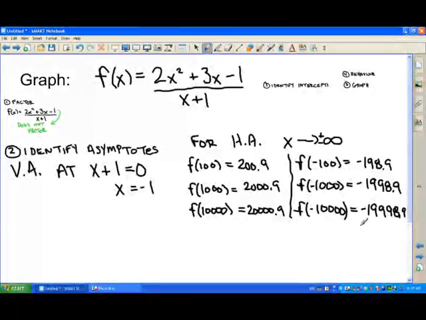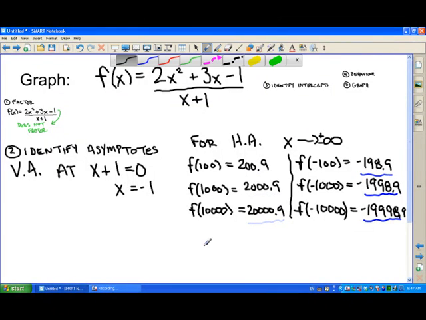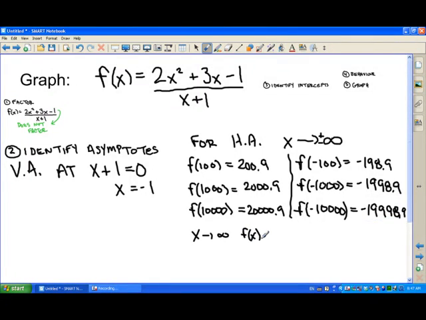So once I've plugged in these very, very positive numbers and these very, very negative numbers, I notice something. I notice that my values keep getting more positive and more negative. So I can summarize this as x approaches positive infinity, f of x is also approaching positive infinity.